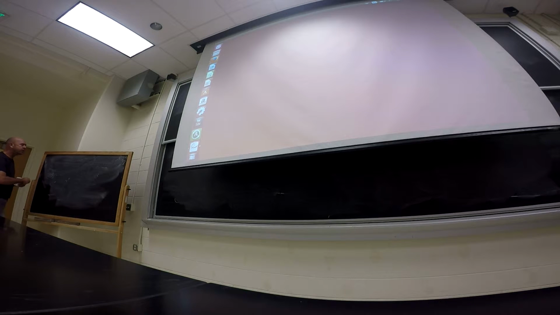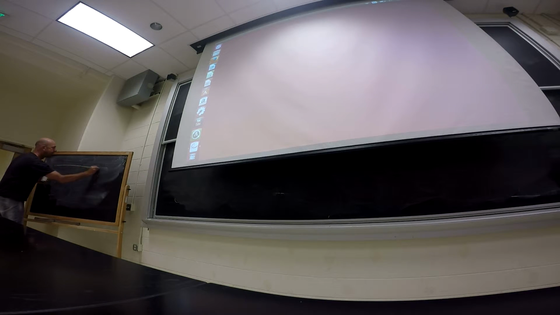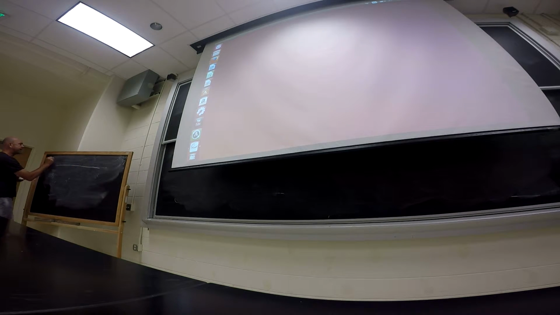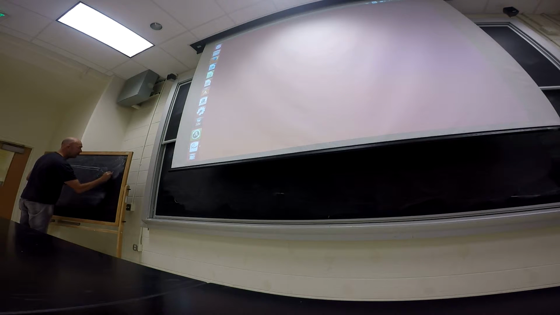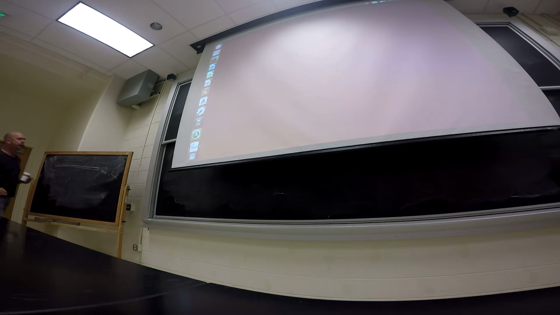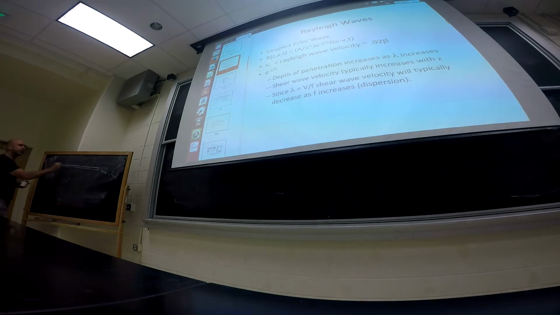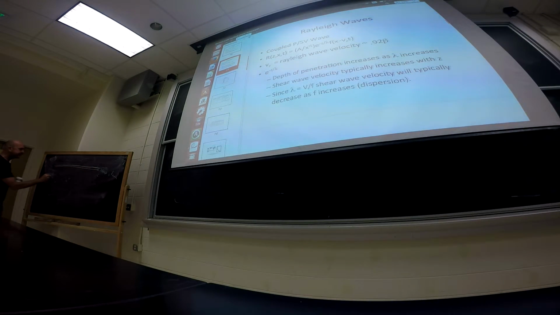So we know from that argument, e to the minus z over lambda, that if lambda is low, which means the frequency is high, the wave is going to travel in the near surface.